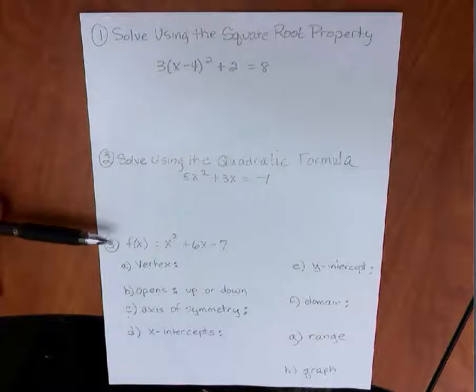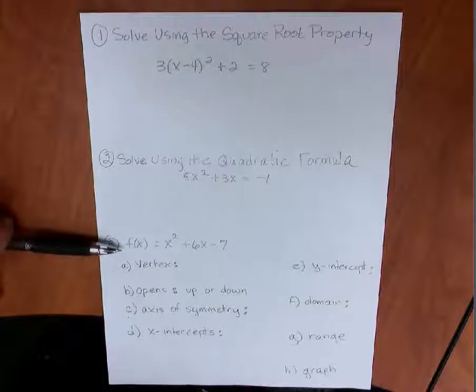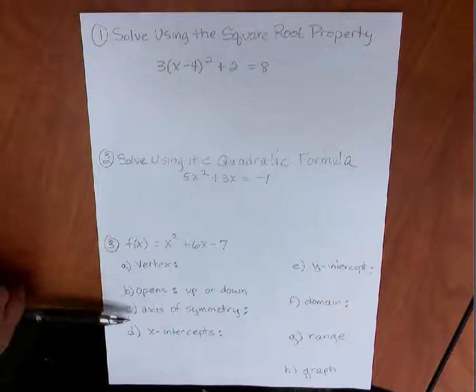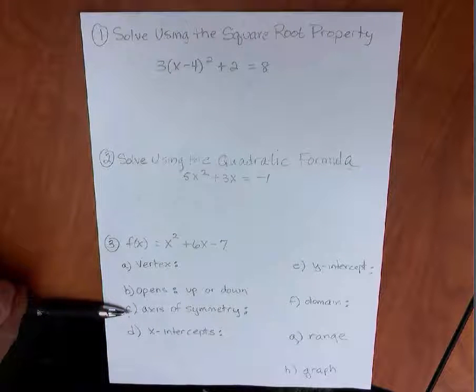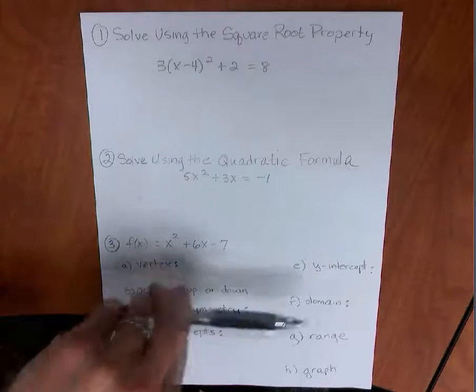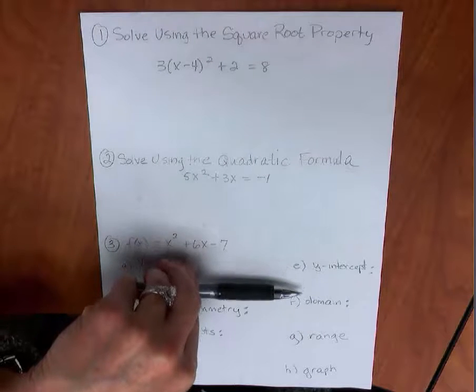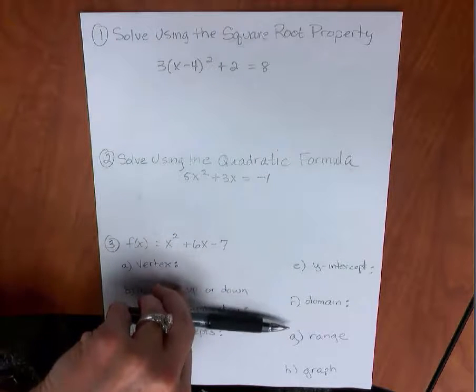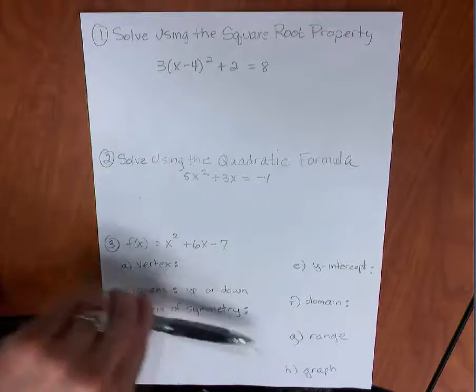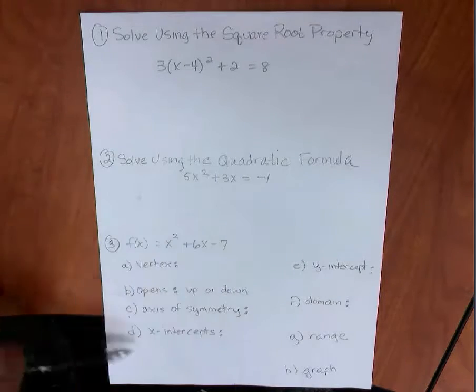Then I want you to take this function and I want you to identify the vertex, if it opens up or down, give me the equation for the axis of symmetry, identify the x-intercepts, identify the y-intercept, identify the domain, the range, and then I want you to graph the function using this information that you identified.